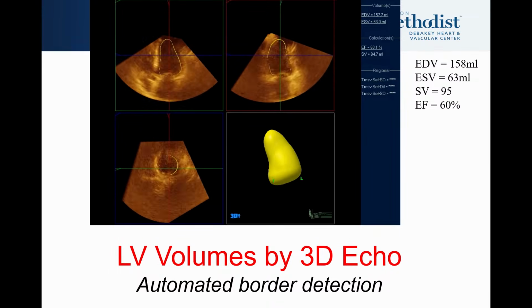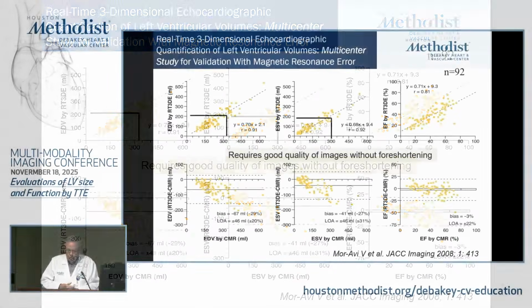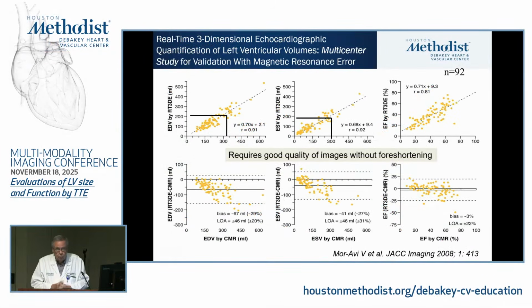So we have 3D, and we are using it more and more often. And this was a very important study done years back. Important because it was a multi-center study. They were using the initial older 3D technology, which was stitching several bits, like 5 bits together, and creating one image from those multiple bits. And again, nice correlation.